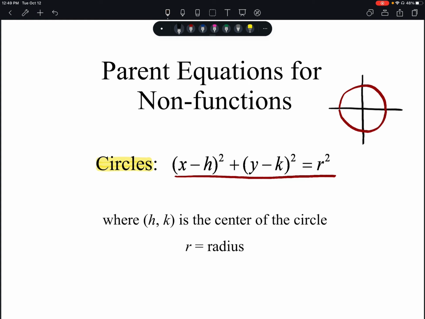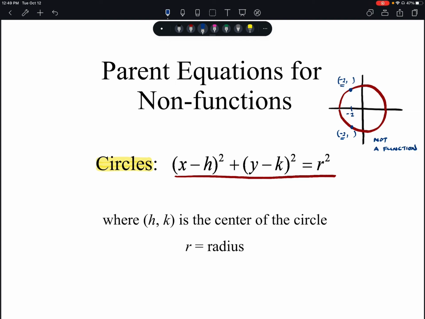So if we took an input value, let's just say -2, we have a point up here that has -2 comma something, and then I also have a second point down here, -2 comma something. So in this case, we have one single input that has more than one output. So therefore, by definition, this is not a function.